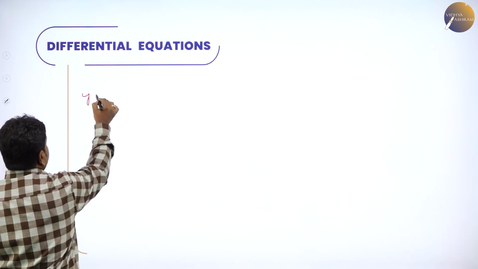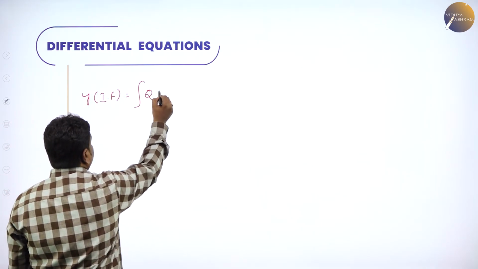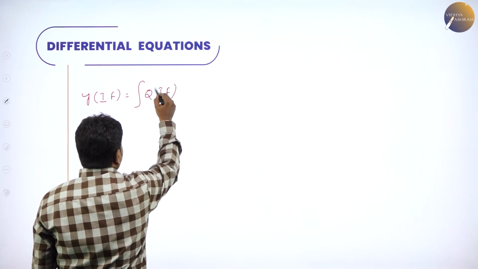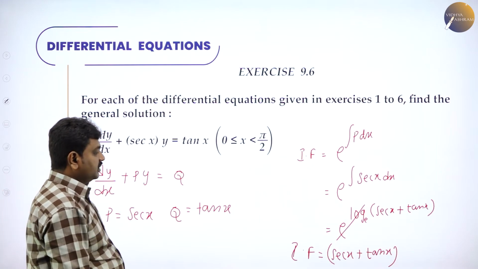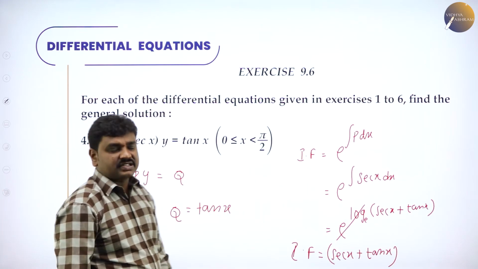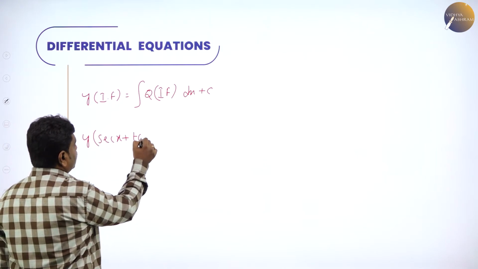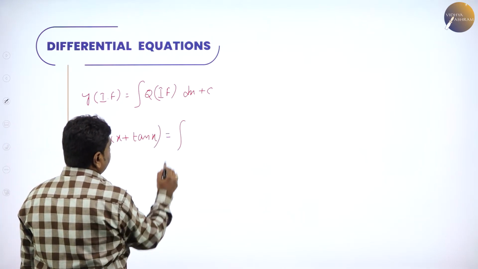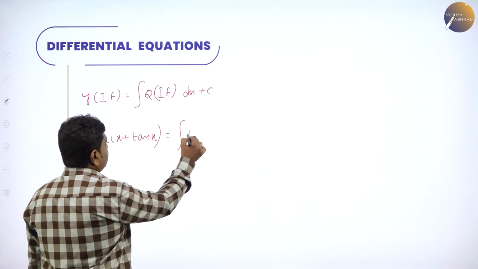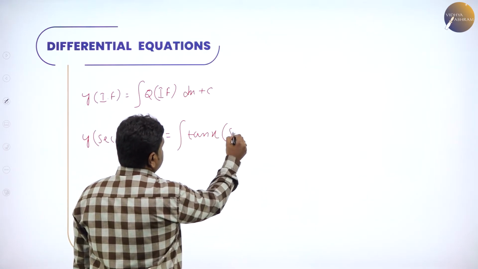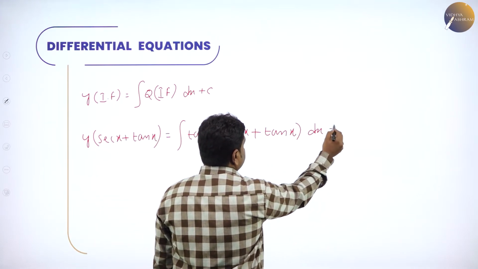Now go to the solution. What is the solution? Y into integrating factor is equal to integration of q into integrating factor dx plus c. Now that is y into, what is the integrating factor? Secant x plus tan x. Substitute it. So y into secant x plus tan x is equal to integration of q. What is q? Q is the RHS, that is tan x into secant x plus tan x dx plus c.